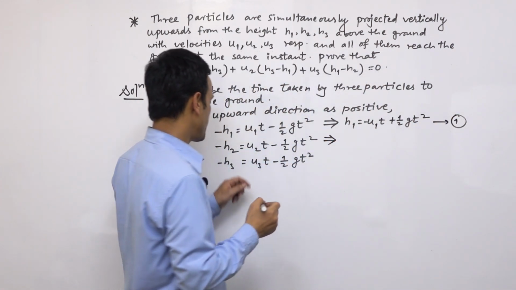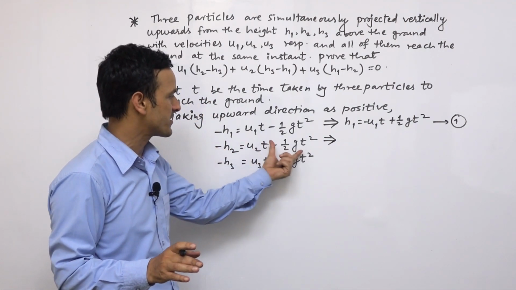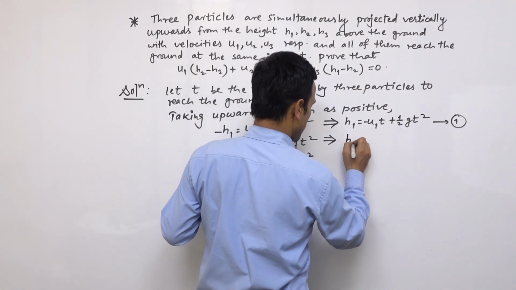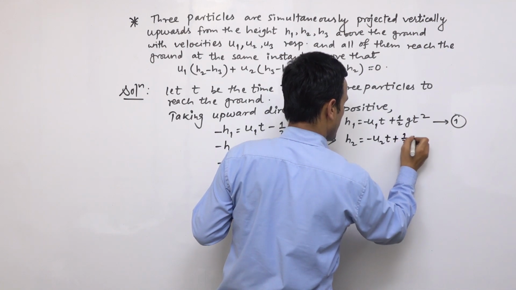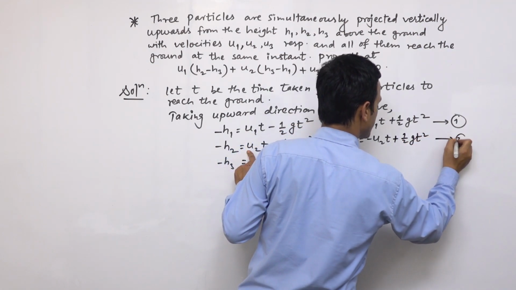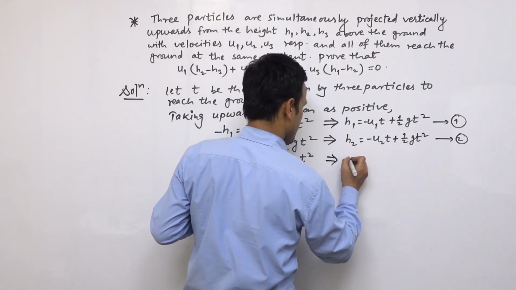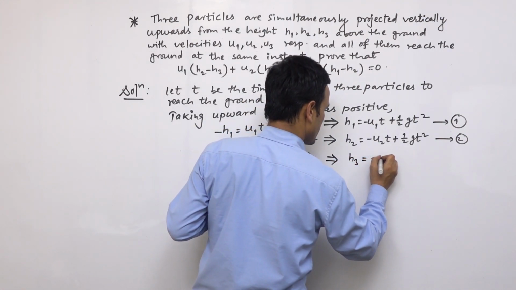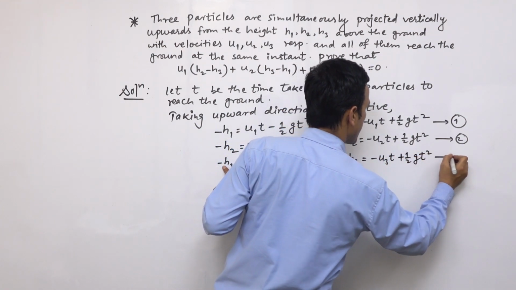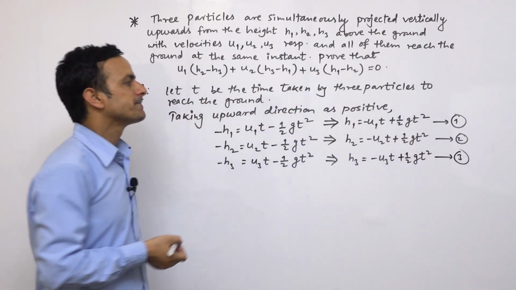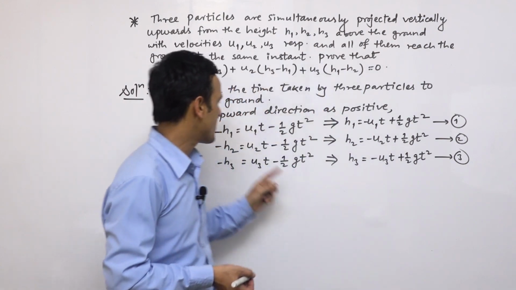From the second equation, if you eliminate the minus, all signs will be changed, h2 is equal to minus u2t plus half gt square, it is equation 2. Similarly, this equation becomes h3 is equal to minus u3t plus half gt square, equation 3. So we obtain finally these equations from here.